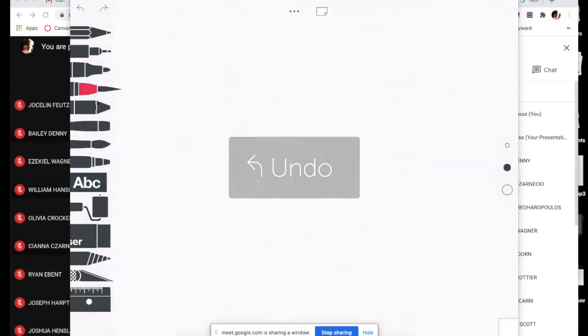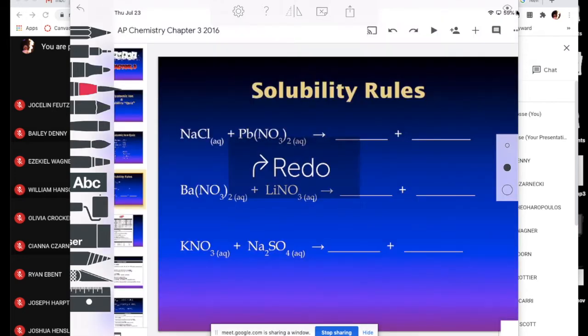Okay, so here's the next two. Okay, so I've got to switch these. So there's no rule where I have to put it. Oh my god, do I have two NO3s? Okay, we've got to cheat. I think I wanted an SO4 here.